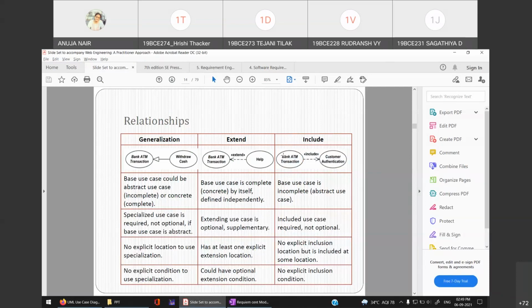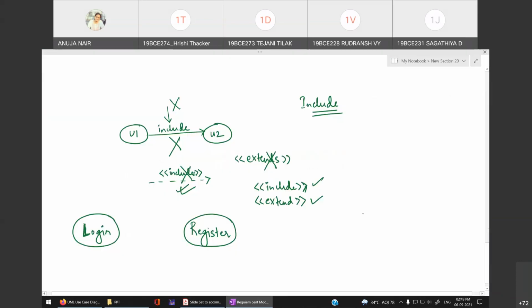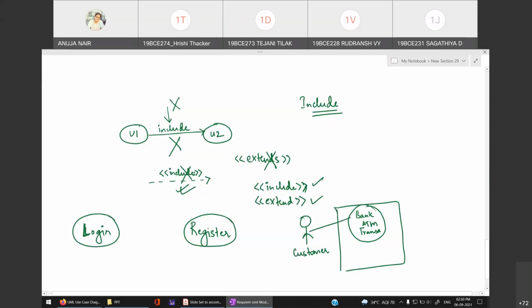So let's say there is a customer, and I have a bank ATM transaction. Bank ATM transaction is a use case. Don't go by my drawing right now, because I'm making it very badly with the pen I'm using.